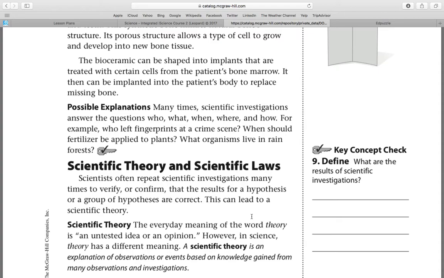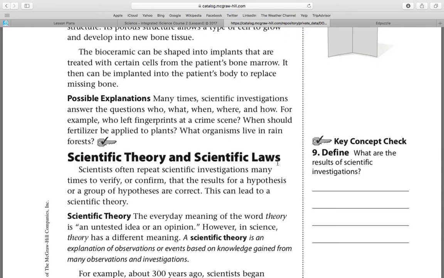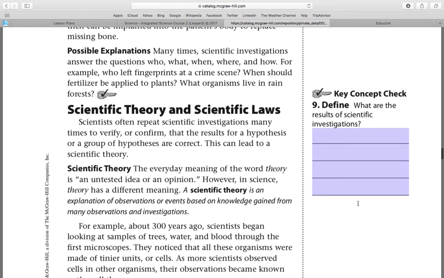The book gives an example of a type of monkey that was discovered in a particular rainforest in 2008 and never before discovered. So possible explanations would be questions such as who, what, when, where, and how. All right, so question number 9, define what are the results of scientific investigations. New technology, new material, or possible answers to questions is the answer.